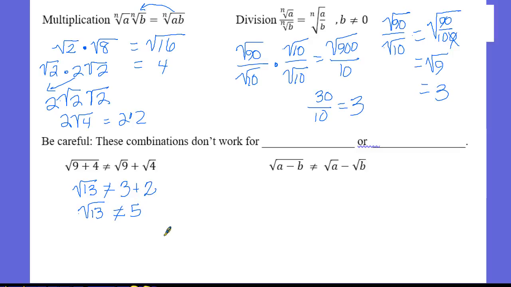Therefore, we cannot apply this combination property for addition. And it also does not work for subtraction. Same line. So just remember to be careful. It's a common misconception. If I don't point that out, that's a common misconception. We don't want that to happen. Okay. Questions before we move on?